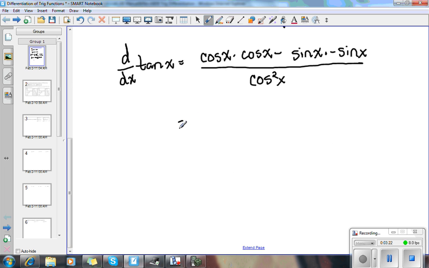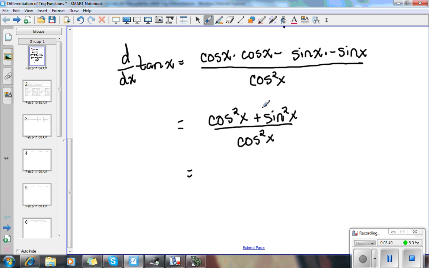Okay, hopefully so far so good. Simplifying this, we get cosine squared x minus a negative sine squared, so plus sine squared x, all over cosine squared x.